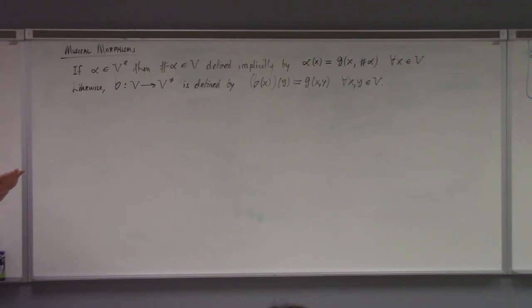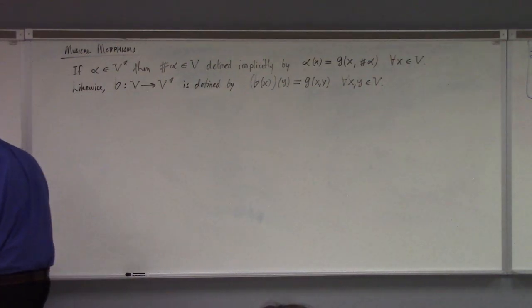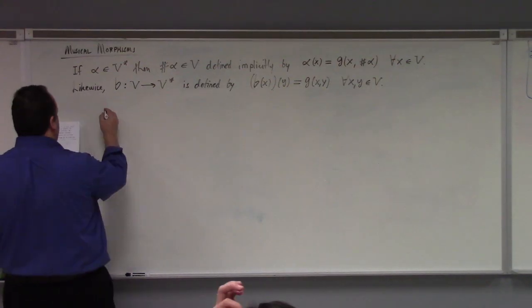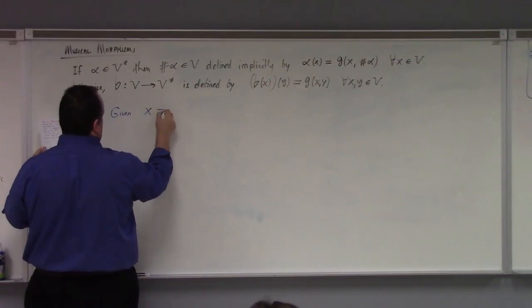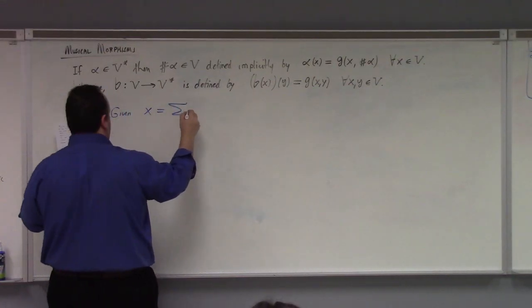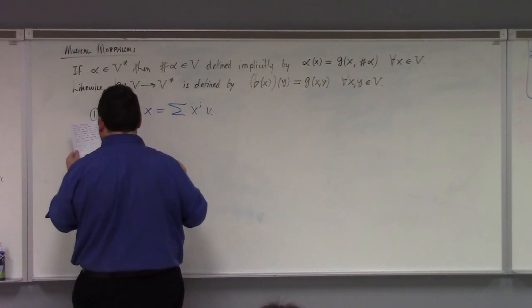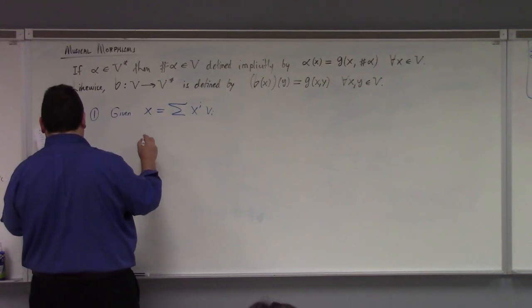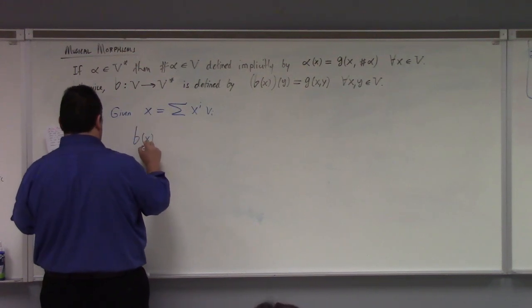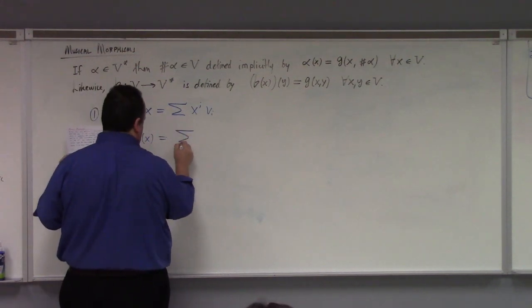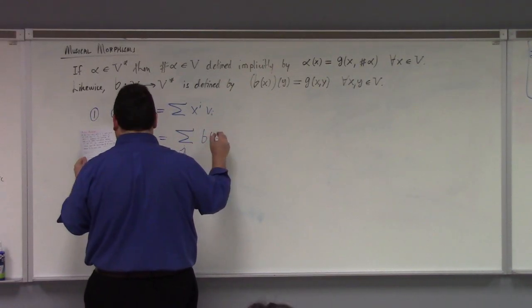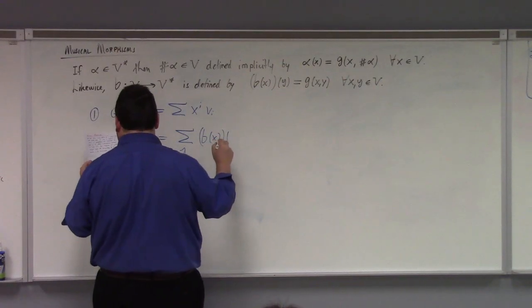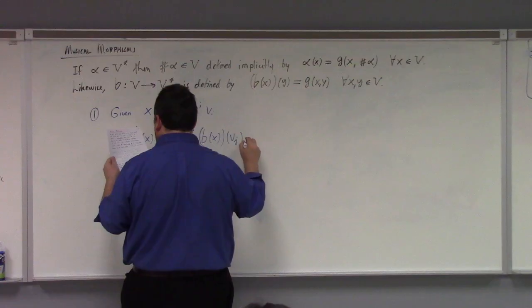That said, it's nice to find formulas with respect to a basis, right? So let's do that. So suppose, number one, we're given x is equal to the sum of x^i v_i, all right? Then we want to think about flat of x. It's equal to the sum over j of flat of x acting on v_j times v^j, right?